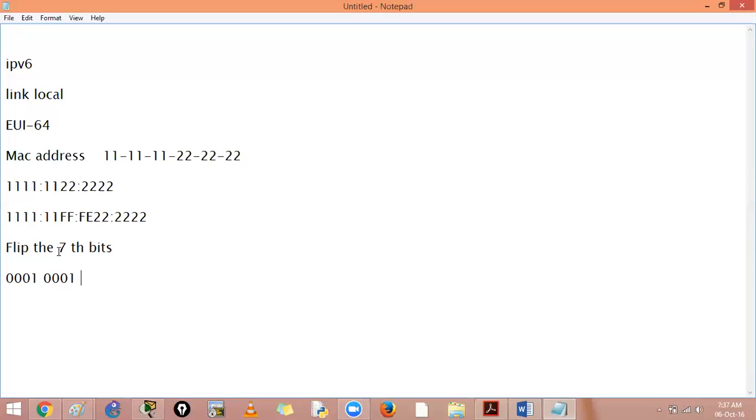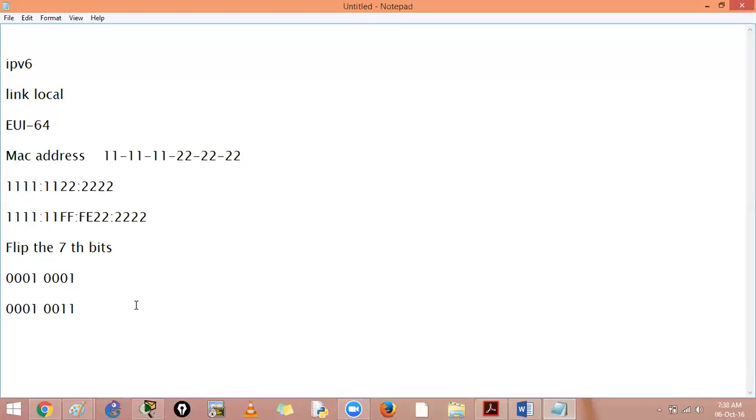So they said you have to flip the 7th bit. If the 7th bit is on, you have to turn it off. If it is off, you have to simply turn it on. Flipping means you will see this is 0001 0011. I am just going to turn it on if it is off.